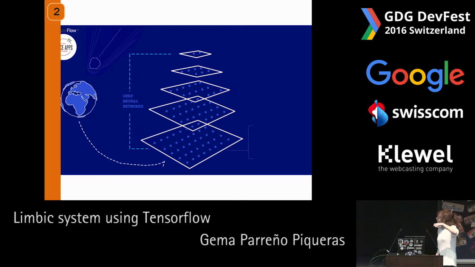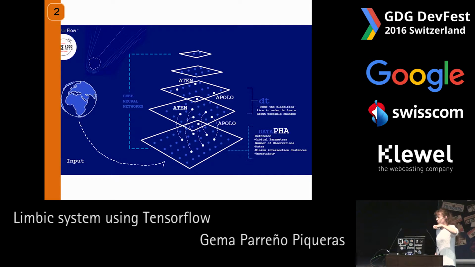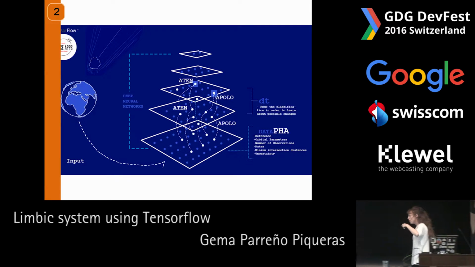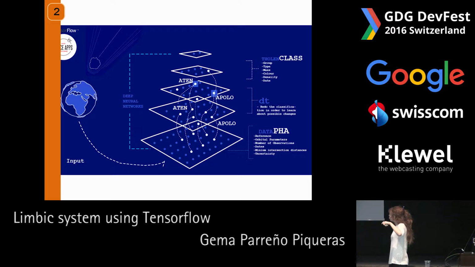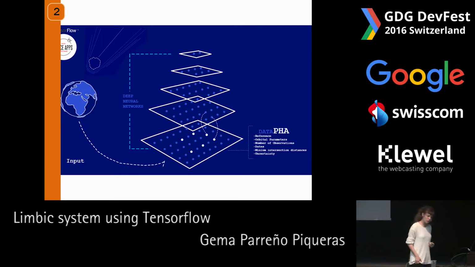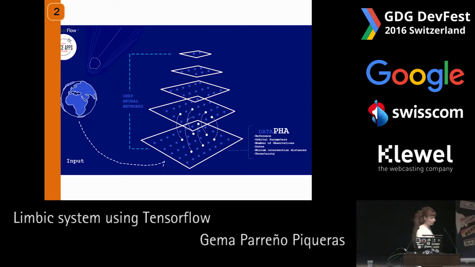And then they gave us a classification of the Aten and Apollo asteroids. Those are the ones that we want to study because they are potentially dangerous to impact on Earth.